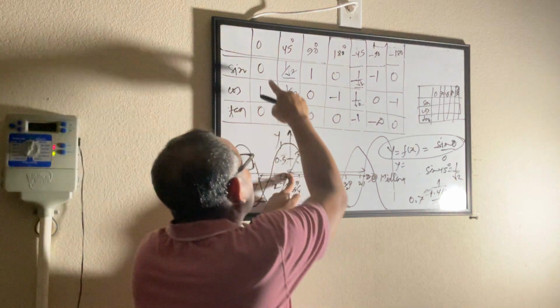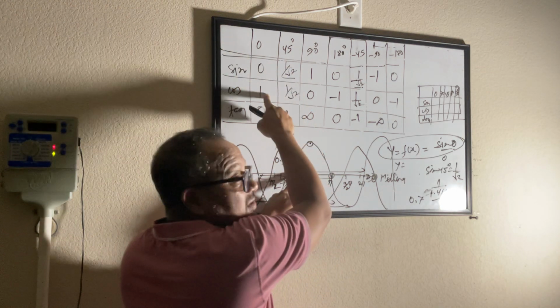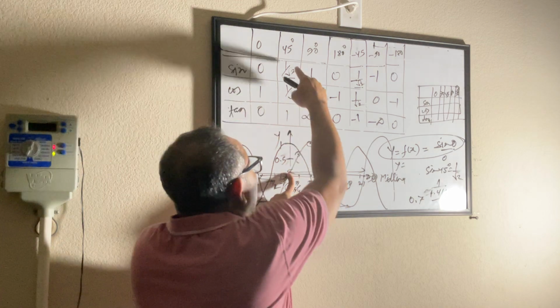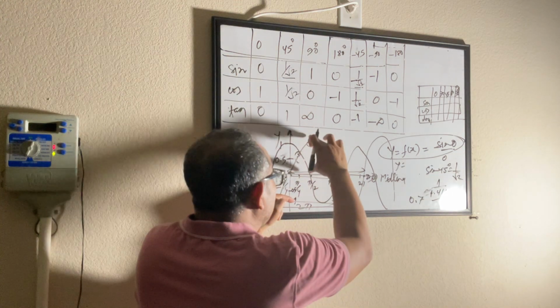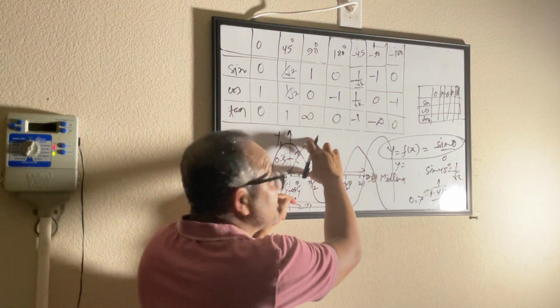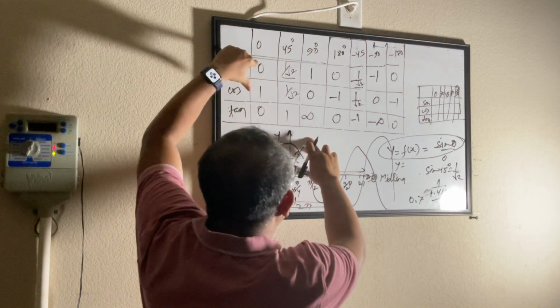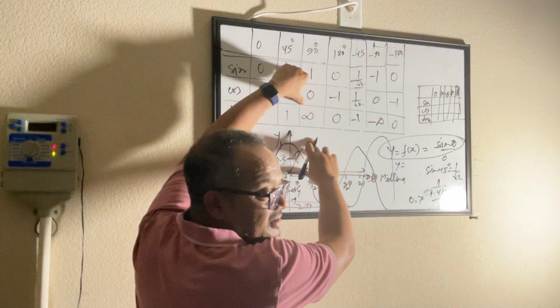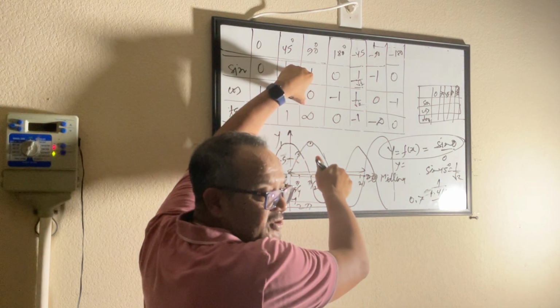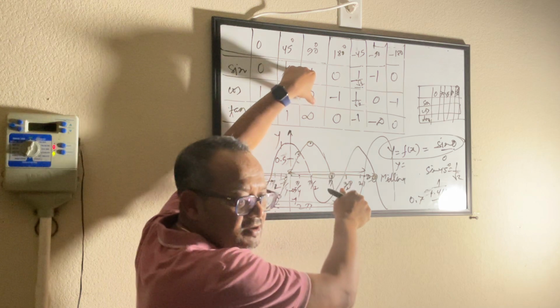That's the only difference. At 45 degrees, they are crossing each other. At 90 degrees, they are in the opposite place. At 0, they're in the opposite place, 0 and 1, it flipped. 1 became 0, the other one became 1.